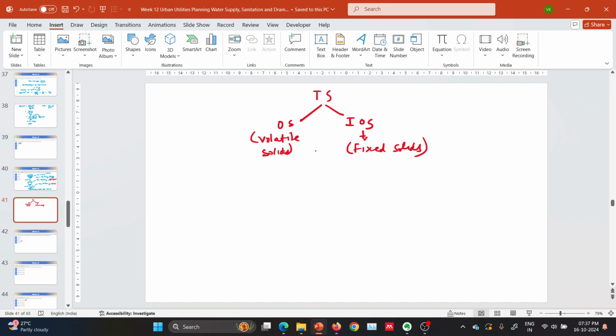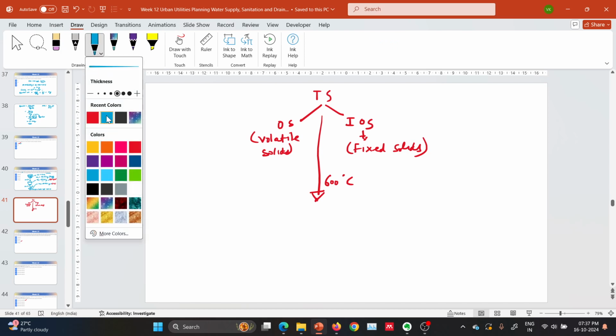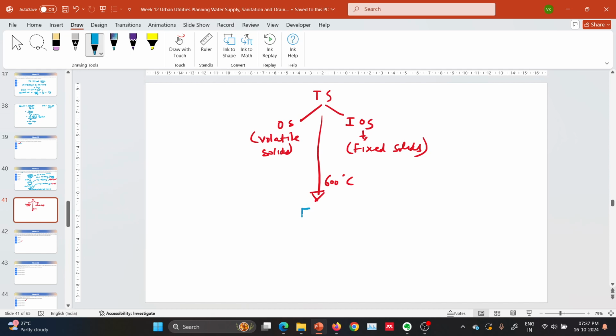And inorganic solids are also called fixed solids. So when total solids is combusted at 600 degrees Celsius, only inorganic fixed solids are left behind in the crucible.